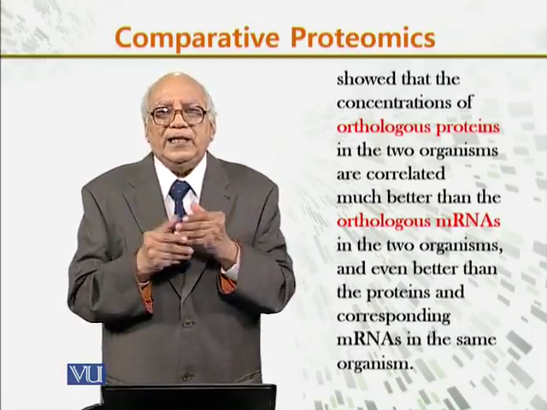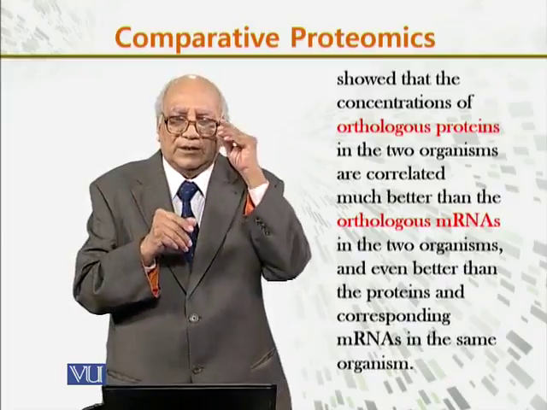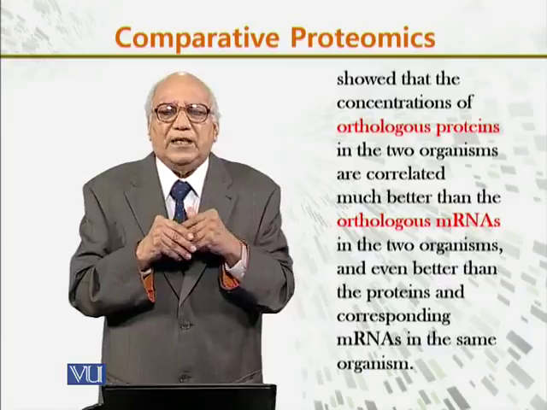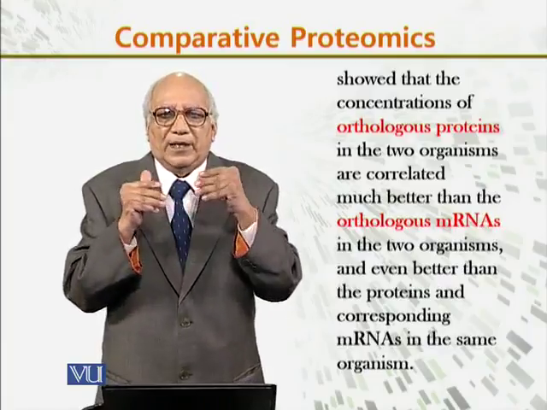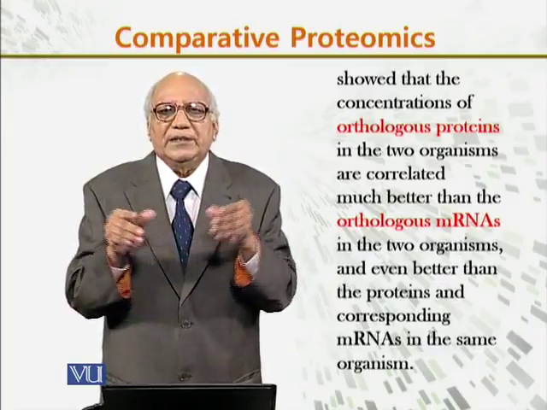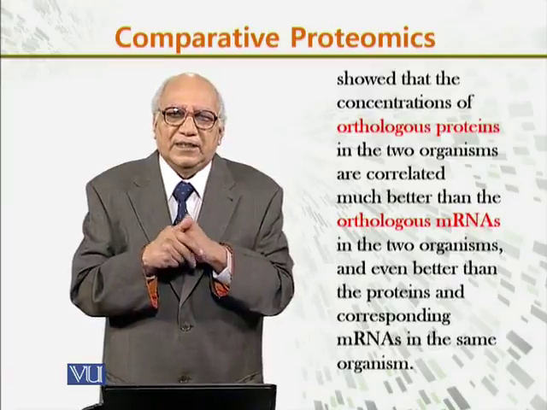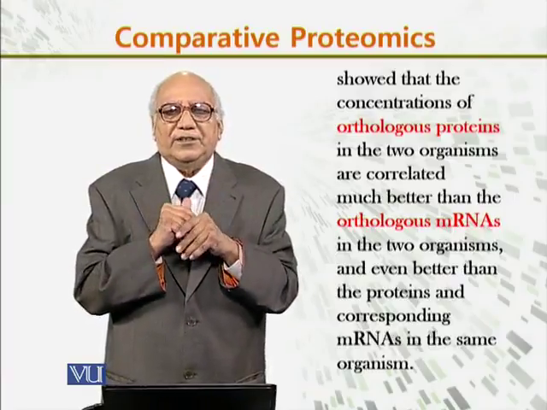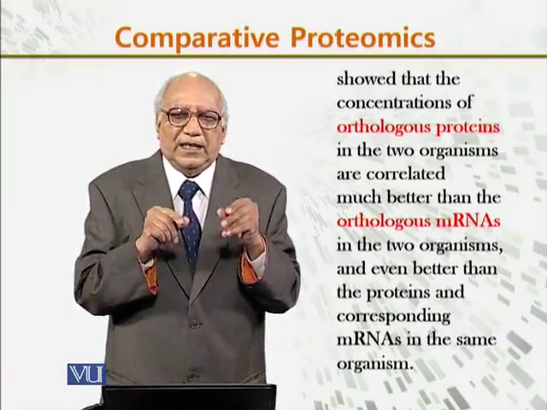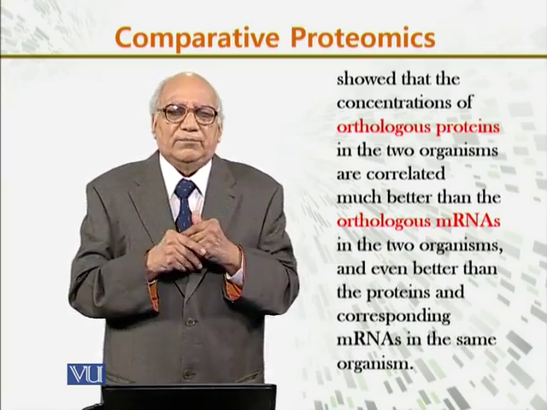It can help us study the correlation between orthologous proteins in those species under study, and shall give us a better understanding of the orthologs than we would get through the messenger RNA in the same organism.